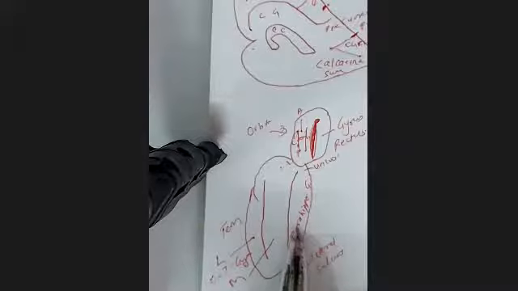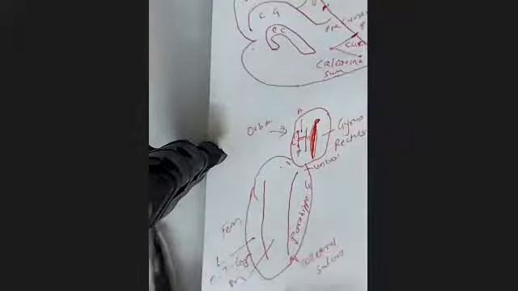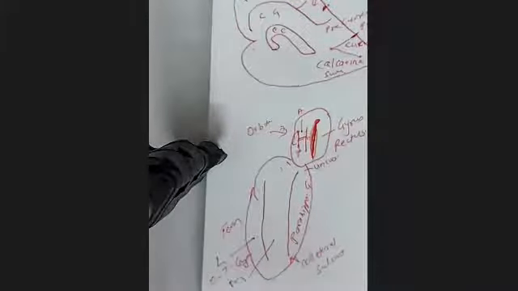Medial to collateral sulcus is parahippocampal gyrus. And then there is occipitotemporal sulcus, which divides into 2 gyri, medial occipitotemporal gyrus and lateral occipitotemporal gyrus. So that's about the various sulci and gyri of the cerebrum.